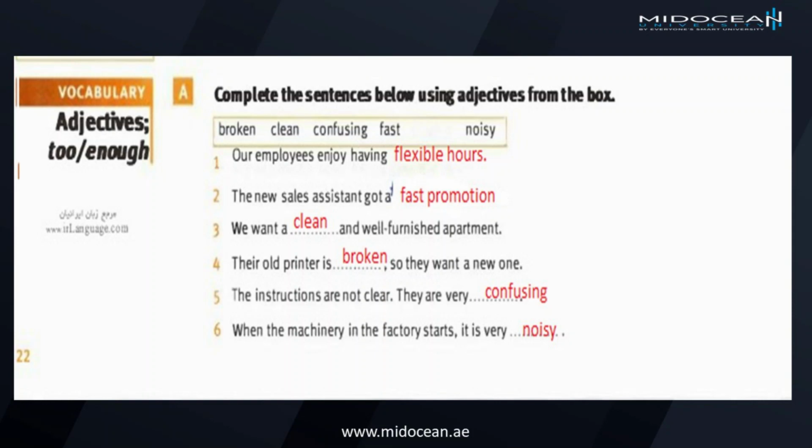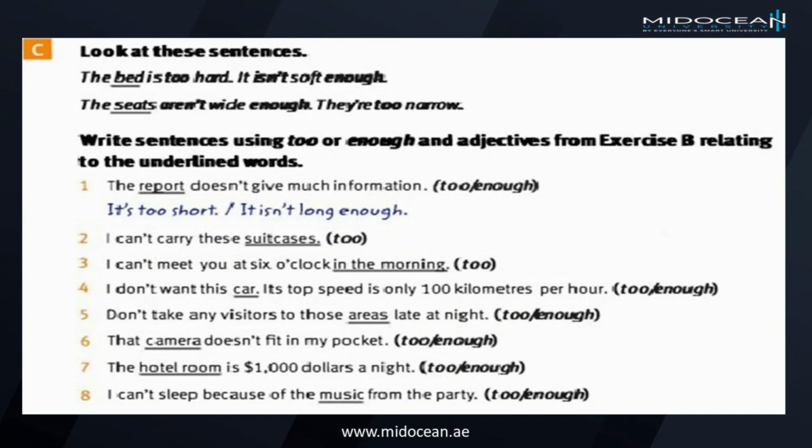Look at activity C now. Write sentences using to or enough and adjectives from exercise B relating to the underlined words. Example number 1.